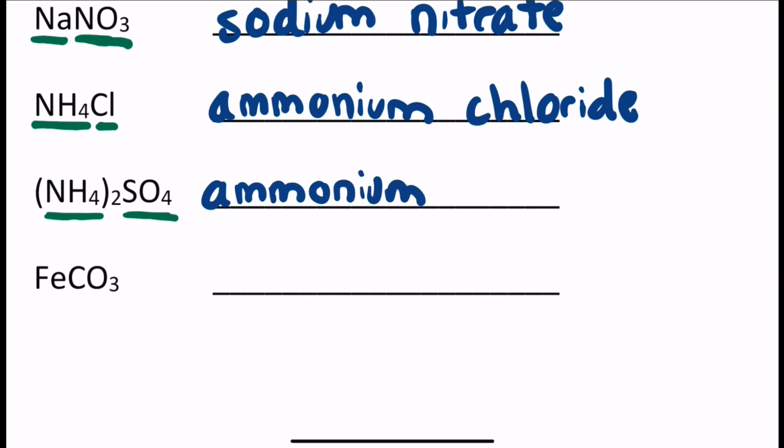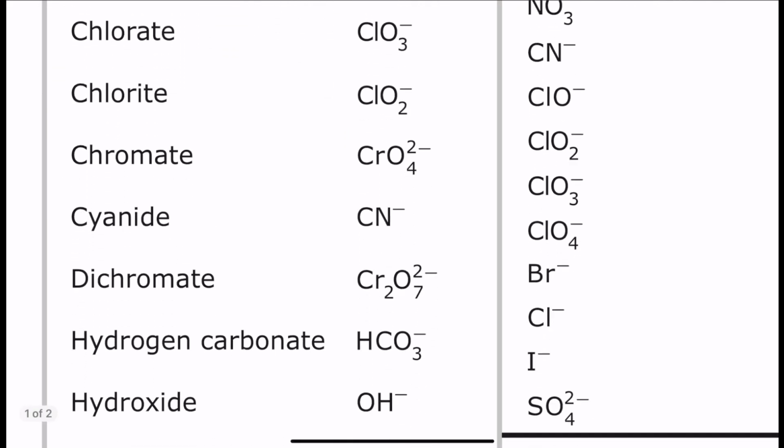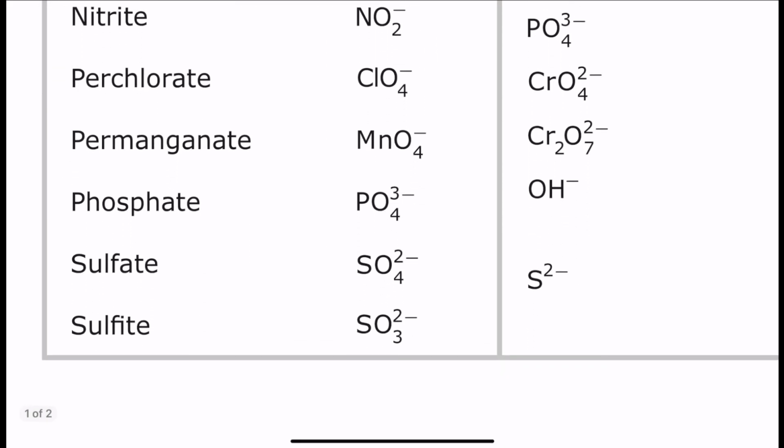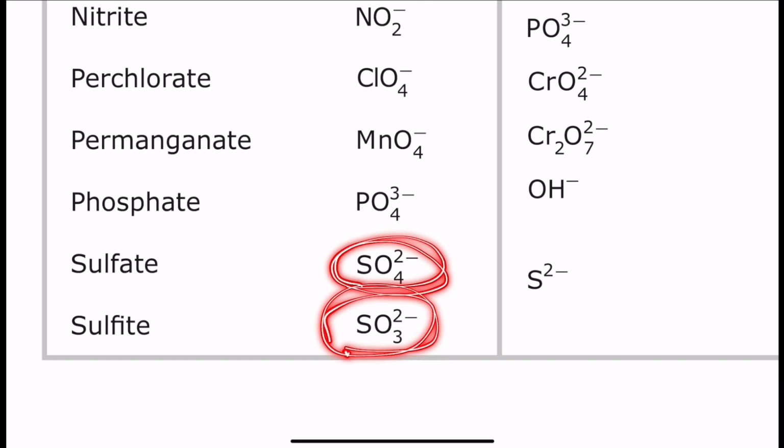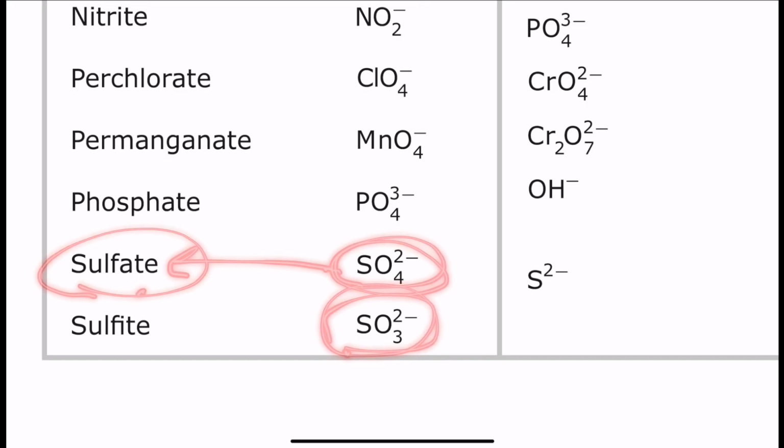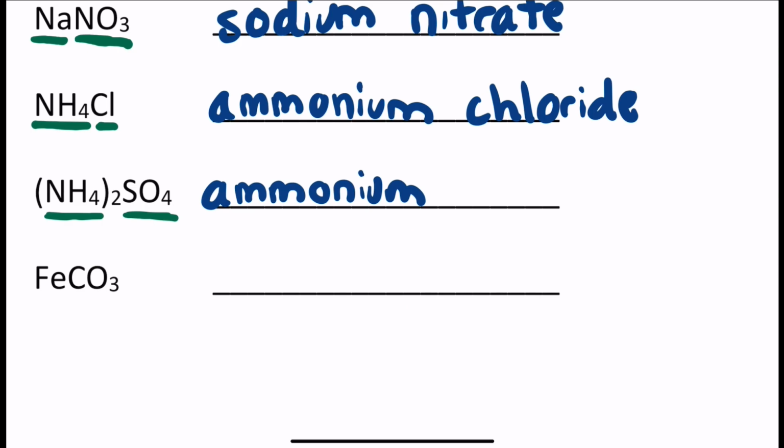And then in terms of SO4, you will probably have to look that up. SO4 is down here towards the bottom. You do have to be detail-oriented because SO4 and SO3 look very similar, but we're talking about SO4, which is sulfate. So this compound is called ammonium sulfate.